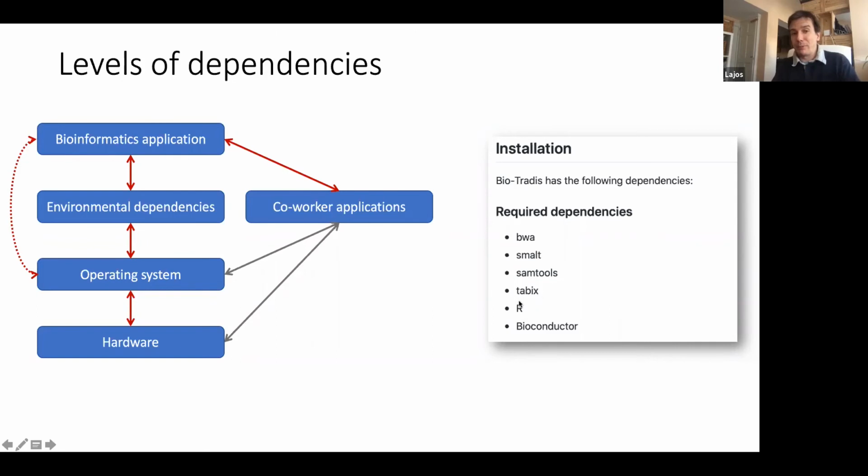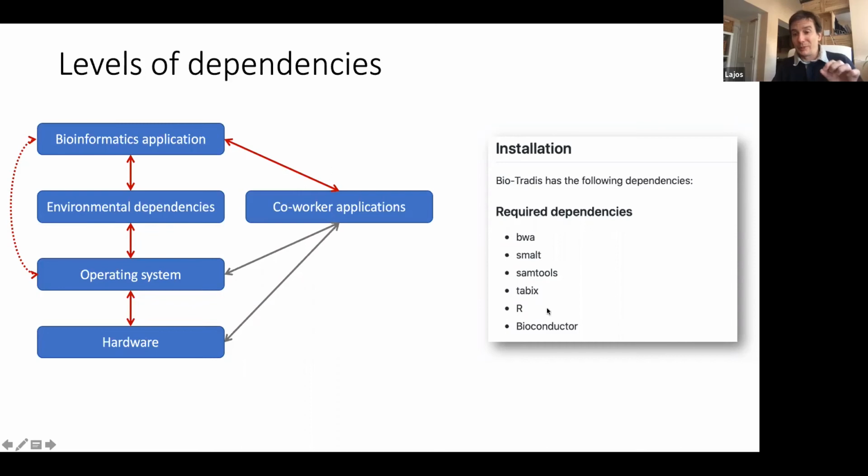R is a programming language, a programming environment. So if you have, and I'm sure that BioTradis has R scripts built in, the R scripts will be compiled in real time by the R programming language environment and will be sent to the operating system and the hardware at the end to do something on the computer.